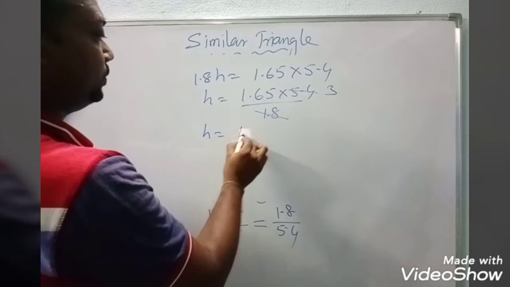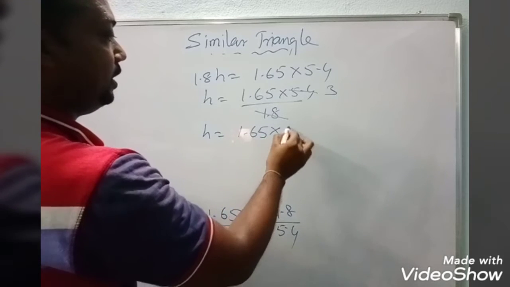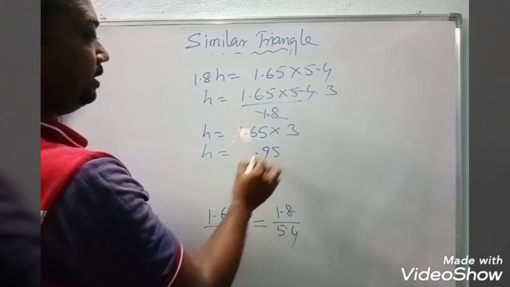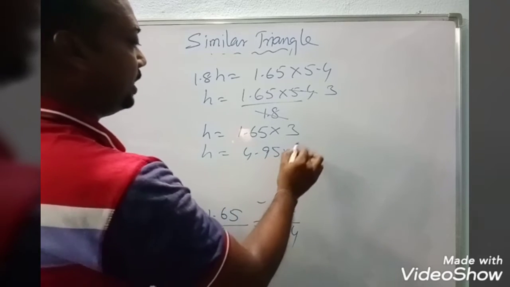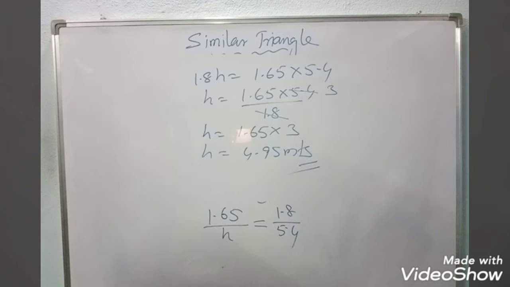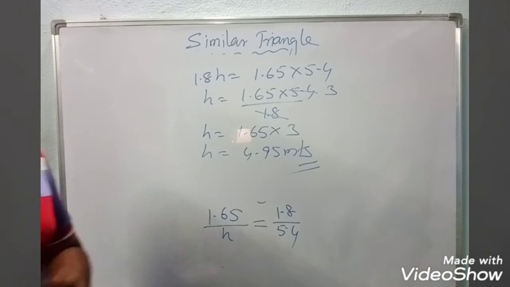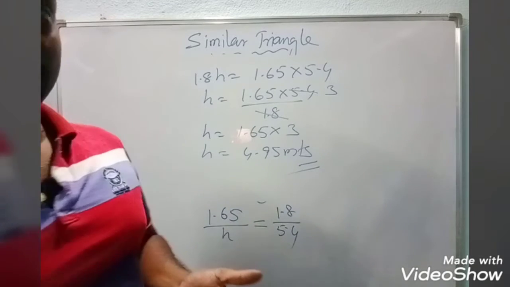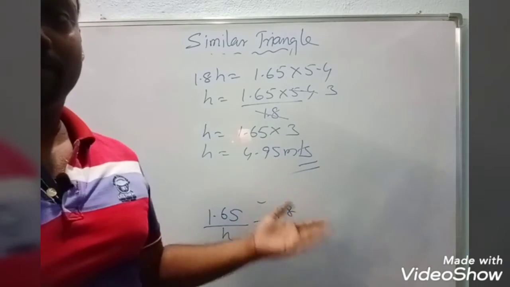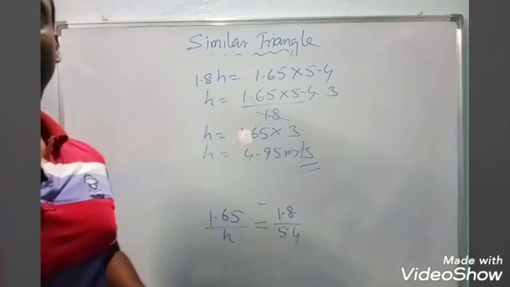So H is equal to 1.65 into 3. Now if I multiply, here we get 4.95. So the height of the lamppost is 4.95 meters. So like this we have to first prove whether the two triangles are similar or not. If the two triangles are similar, then we can find the height or base, whatever they asked.